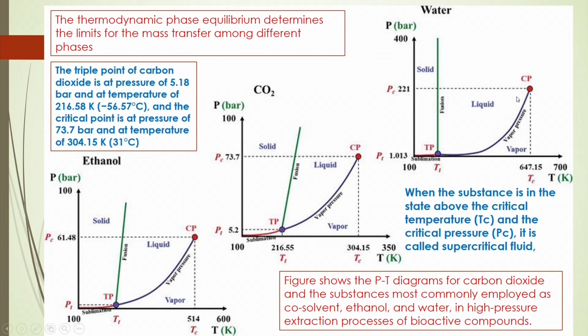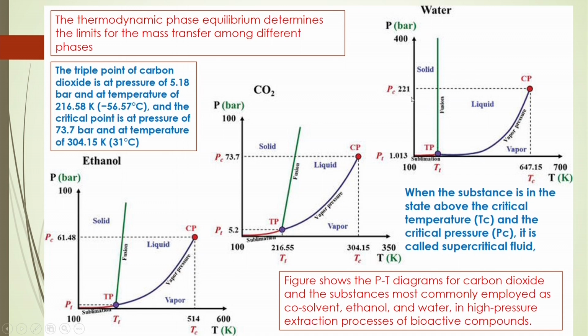And for water also, you will see this is the triple point, where gas, liquid and solid are at the same point, and beyond these points this is the liquid condition, this is the vapor, and this is the solid condition. And for the supercritical condition, the critical pressure is 221 bar, whereas the critical temperature is 647.15 Kelvin.